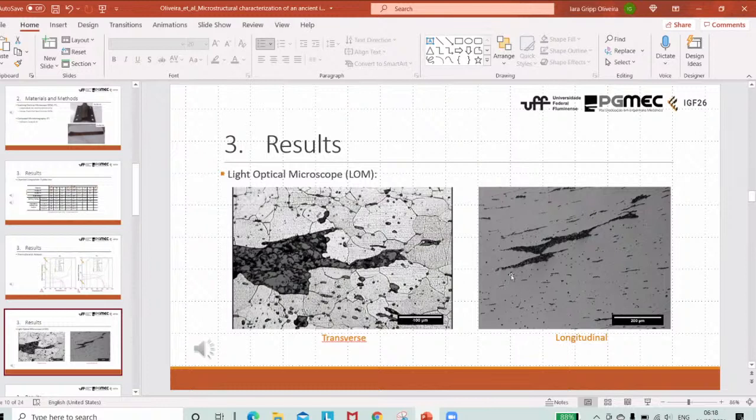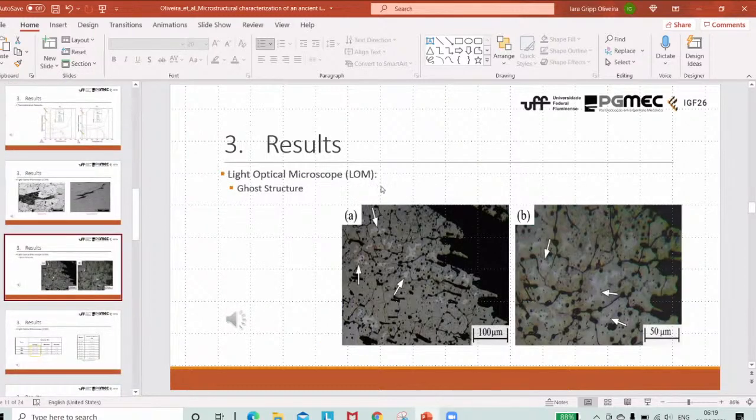There is a difference, especially in the shape of the inclusions. In the longitudinal direction, the lamination direction, the inclusions are more elongated. In the transverse direction, they are more round. And we have those big slag inclusions made with different non-metallic compounds, also a characteristic of puddled iron.